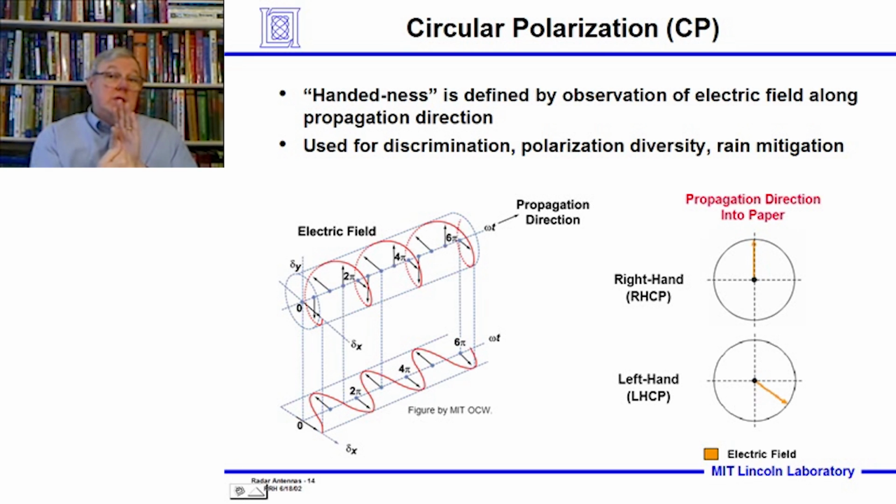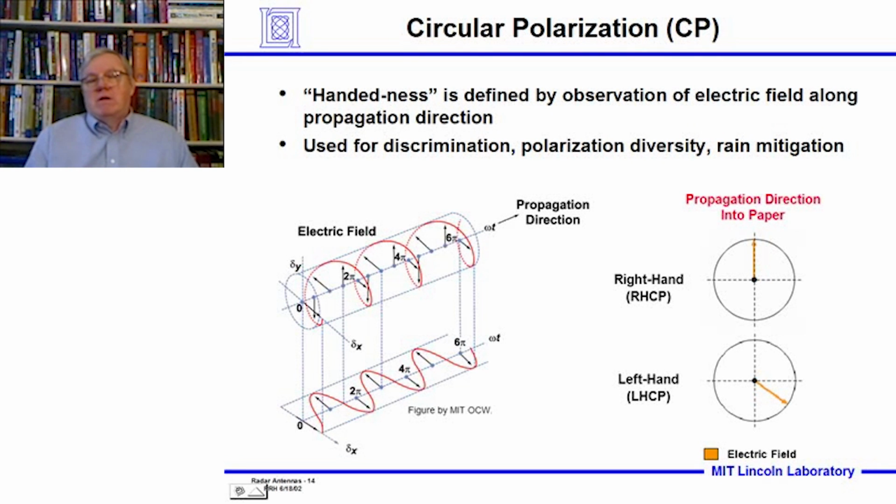So if you set your antenna up to receive the same polarization that you transmitted, then you don't see the rain. You'll mitigate the rain. That's if the raindrops are spherical, sometimes elliptical. I'll get into that in the next lecture. But the point is that you'll mitigate the rain significantly if you transmit circular polarization and receive the same. Now, what happens with the targets?